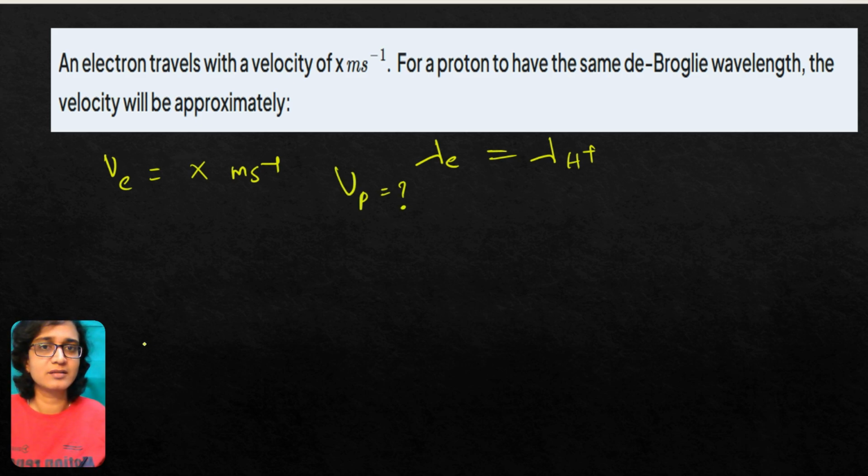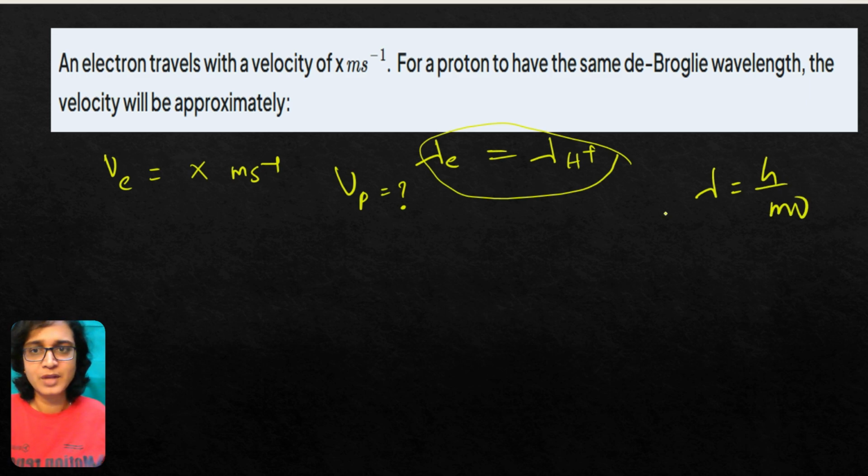They are asking this. De Broglie's wavelength in terms of velocity: lambda is equal to h by mv. Apply this.